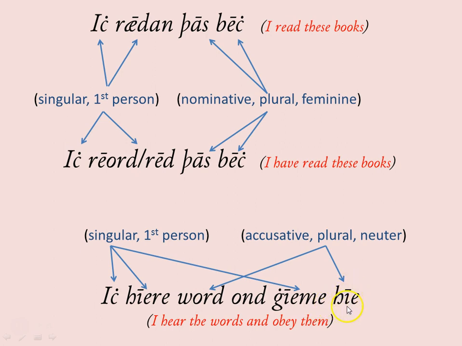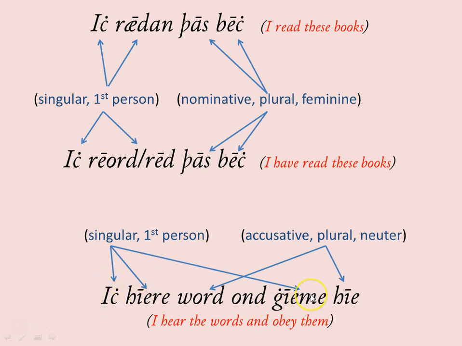Here is in the accusative, but here is plural. So that means we must want the plural version of the word. And so we have this is plural, this is plural. So we have words, not word. And ich here, these three words are grammatically connected because they're in the singular and first person. So they're conveying meaning.